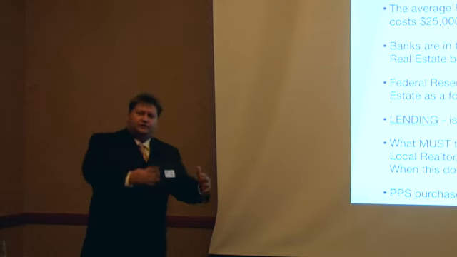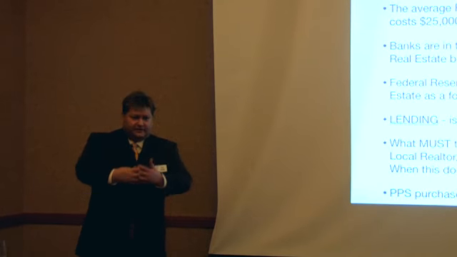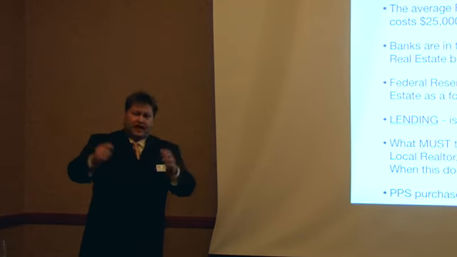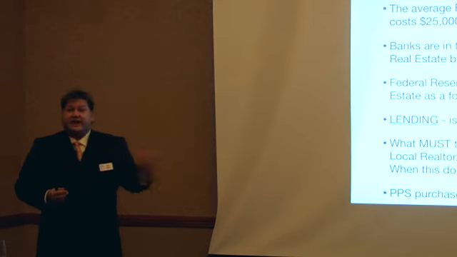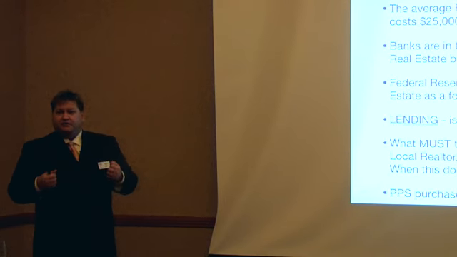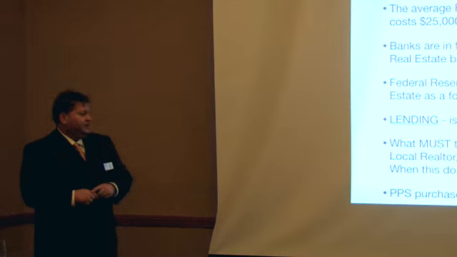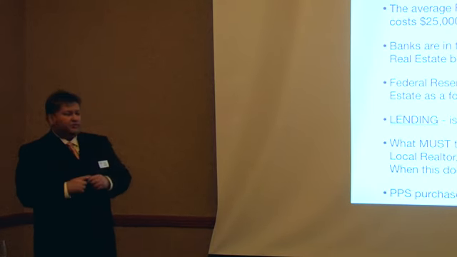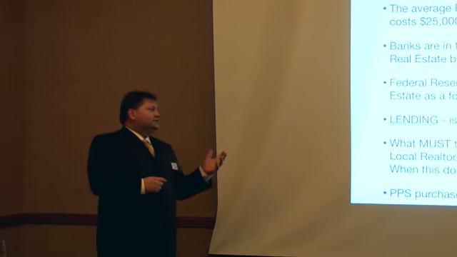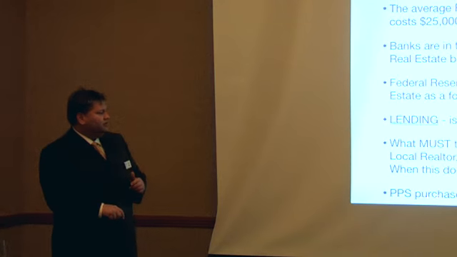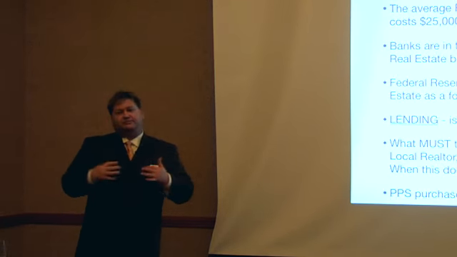Banks try to sell off their portfolio of bad mortgages and houses to produce cash so they can get back in a positive situation and start borrowing and lending money again, which is their primary business. When that doesn't work, that's where Pinnacle Property Solutions steps in and buys these properties in bulk.